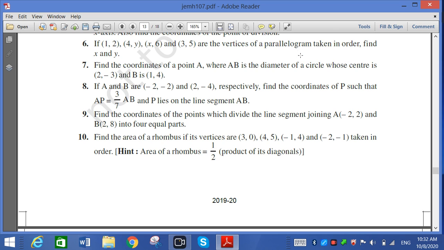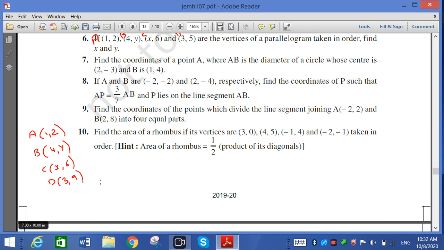ABCD is a parallelogram, so I have to write A, B, C and D. First the coordinate of A, that is 1 comma 2, B 4 comma y, C x comma 6 and D 3 comma 5. We have to find out the unknown values x and y.